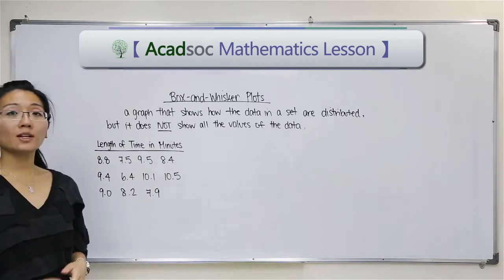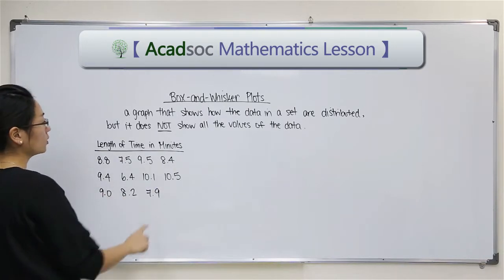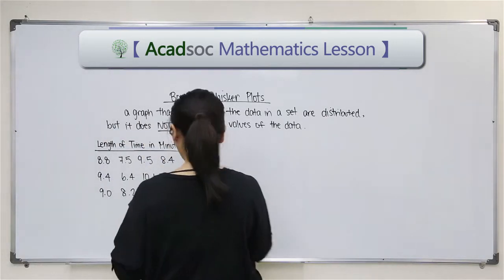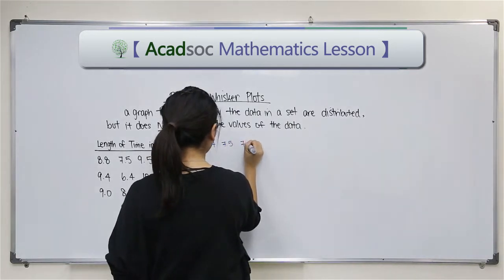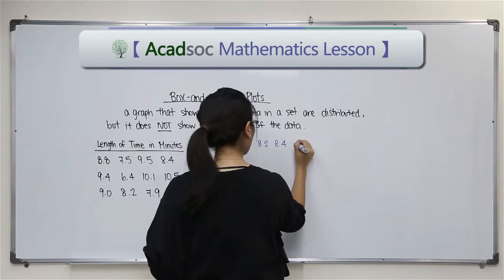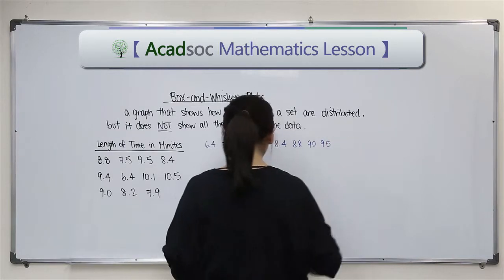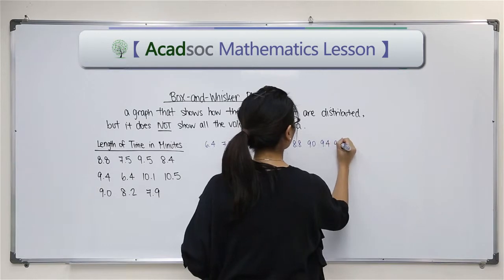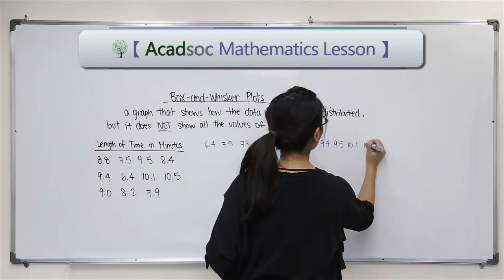In order for me to create a box and whisker plot, the first thing I have to do is order these values from least to greatest. So I have 4.6, 7.5, 7.9, 8.2, 8.4, 8.8, 9.0, 9.5, 9.5, 10.1, and 10.5.